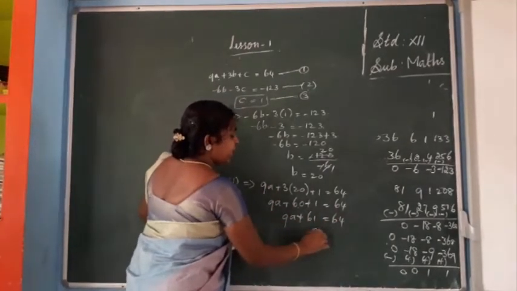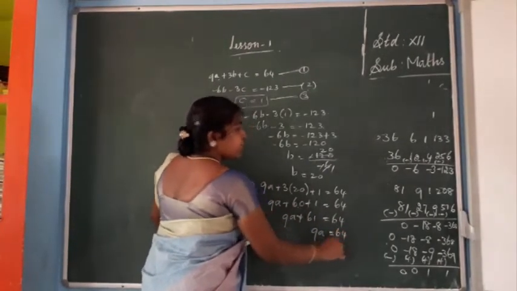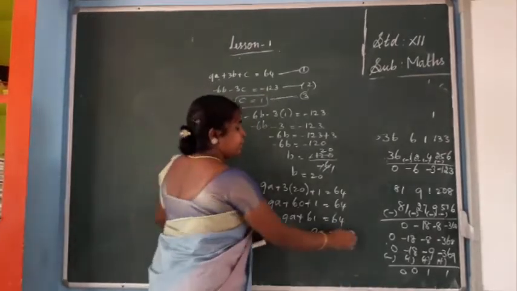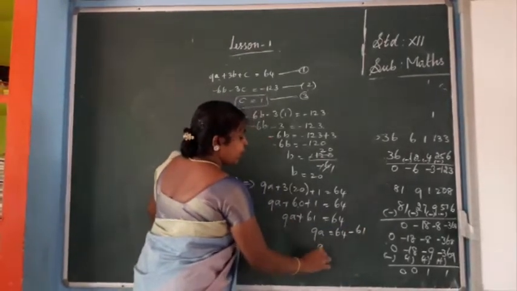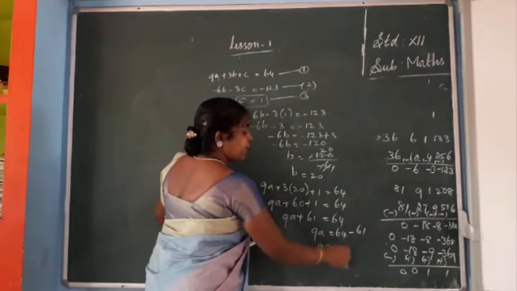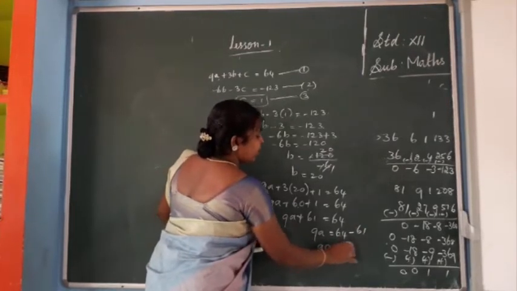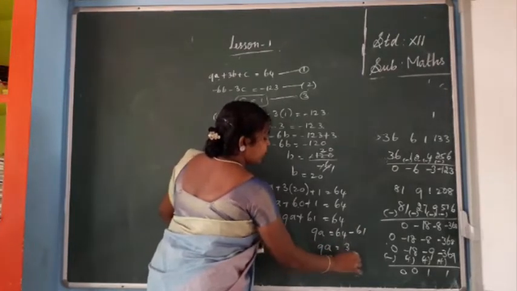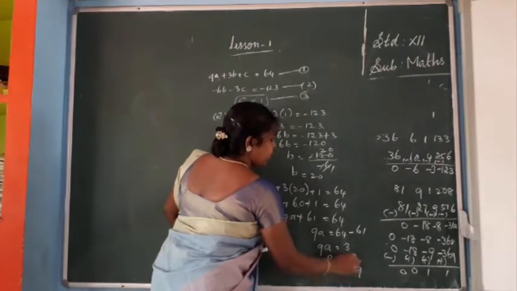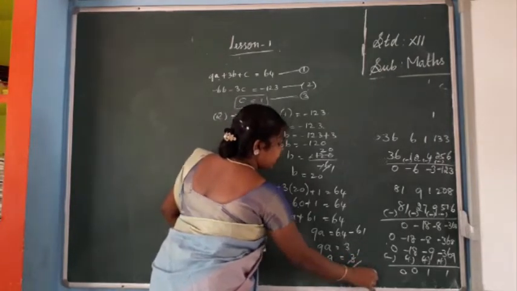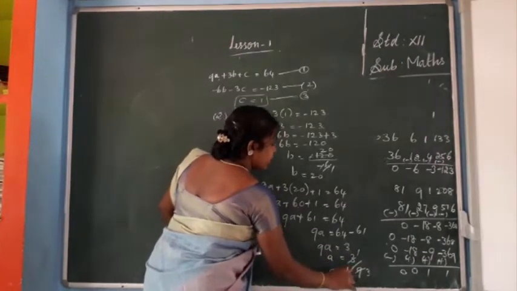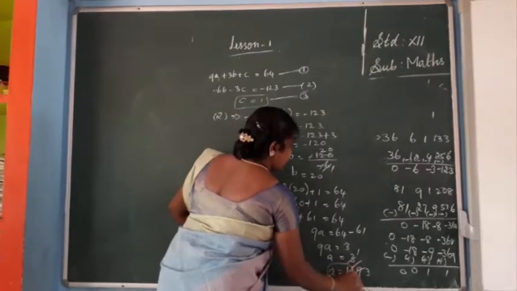Take 61 to the right-hand side: 9a equal to 64 minus 61, which is 3. Then a equal to 3 divided by 9. Simplify: 1 3 is 3, 3 3s are 9. So a equal to 1 by 3.